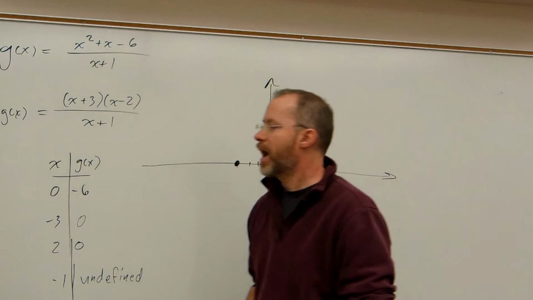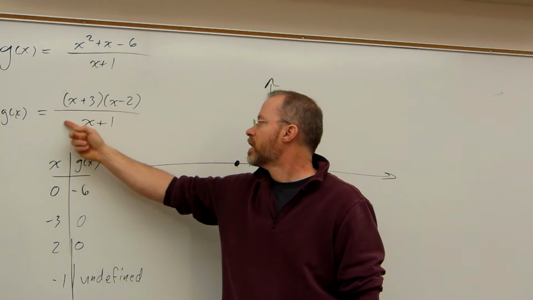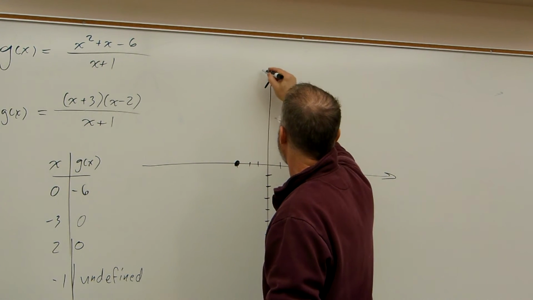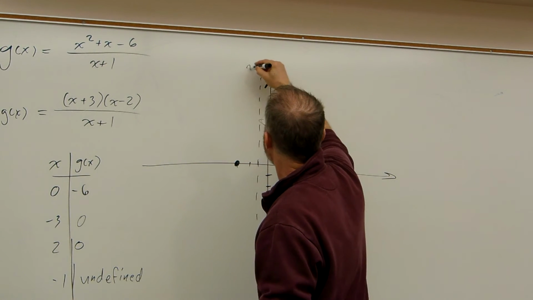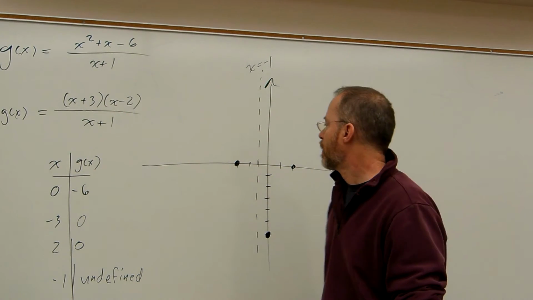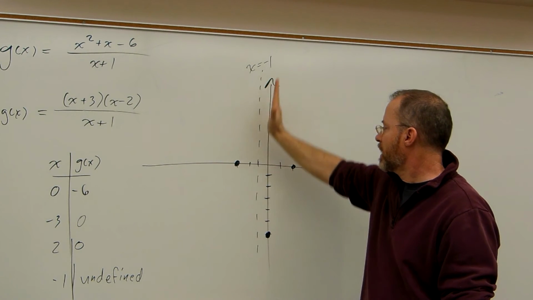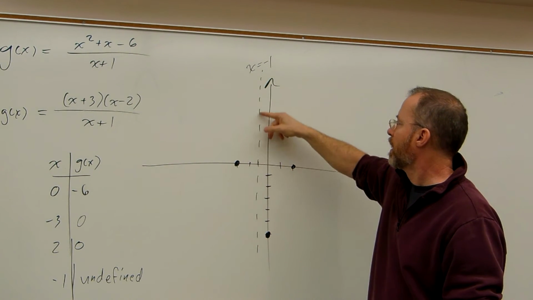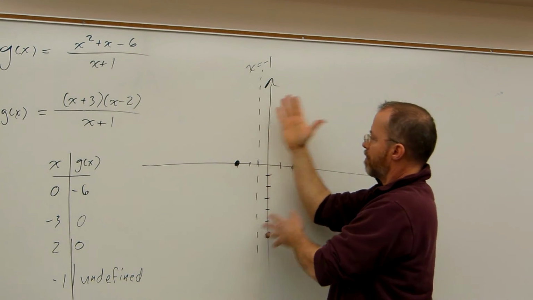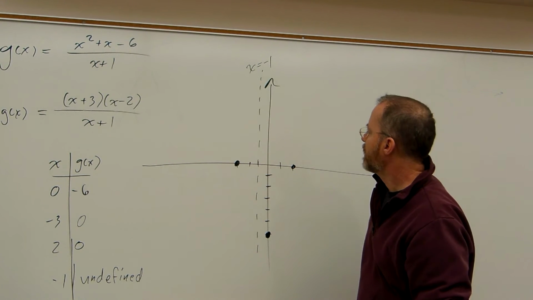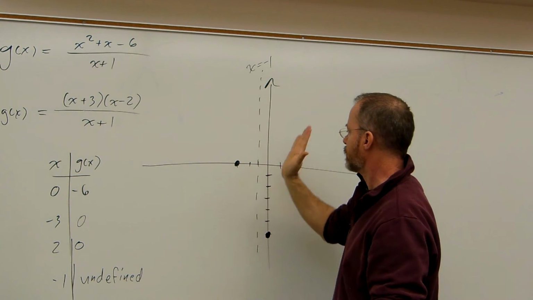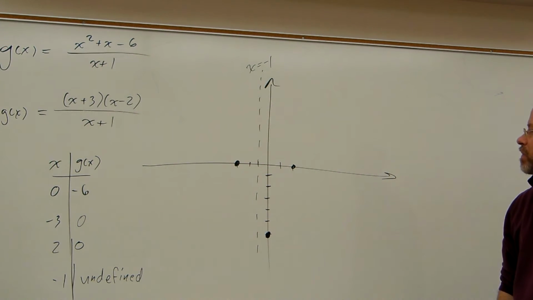And instead of bothering with that, I'm just going to learn to look at the zeros of the polynomial on the bottom, and if I spot that x equals negative 1 is a place where the denominator is equal to 0, I know that's going to be a vertical asymptote. I'm not going to get a point that falls right on that dotted line as part of my graph. My graph is going to be broken into two parts. There'll be a part over here and a part over here without touching. And then the tails close to the asymptote will either go up along the asymptote or down along the asymptote, one or the other.